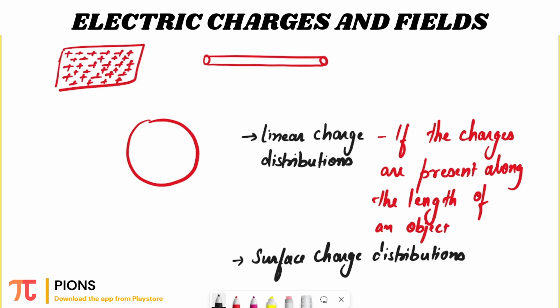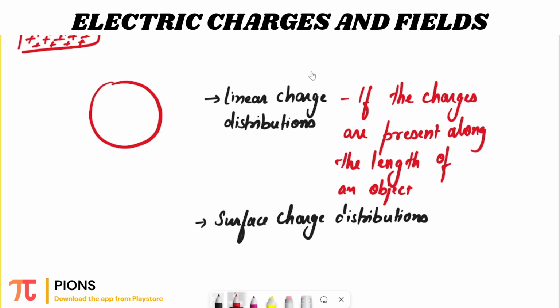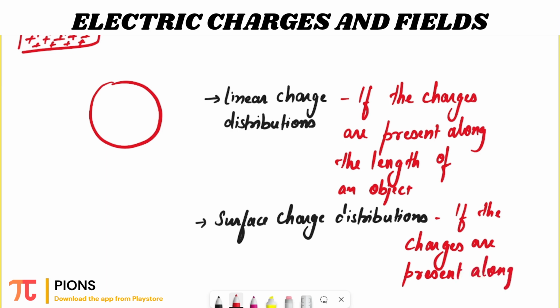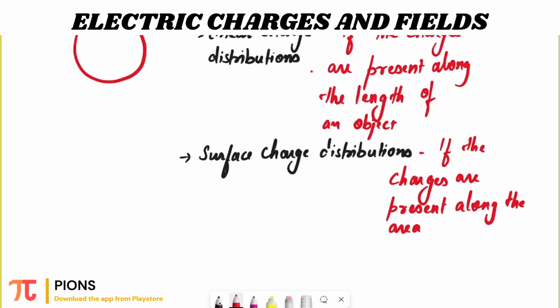Surface charge distribution: if the charges are present along the area, like a sheet. Let me just write the definitions.